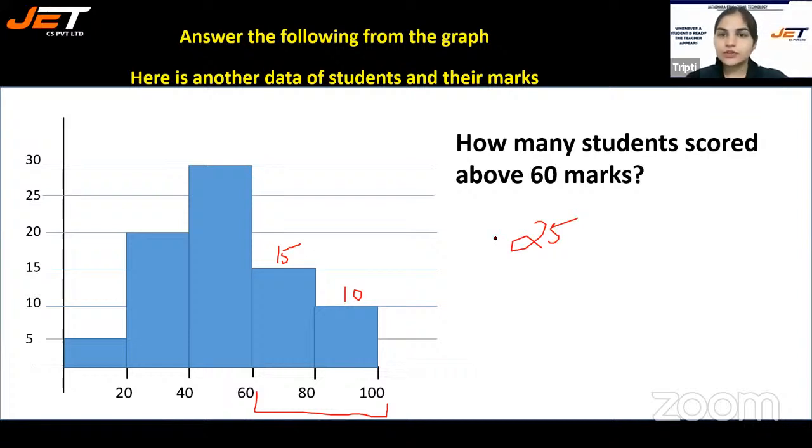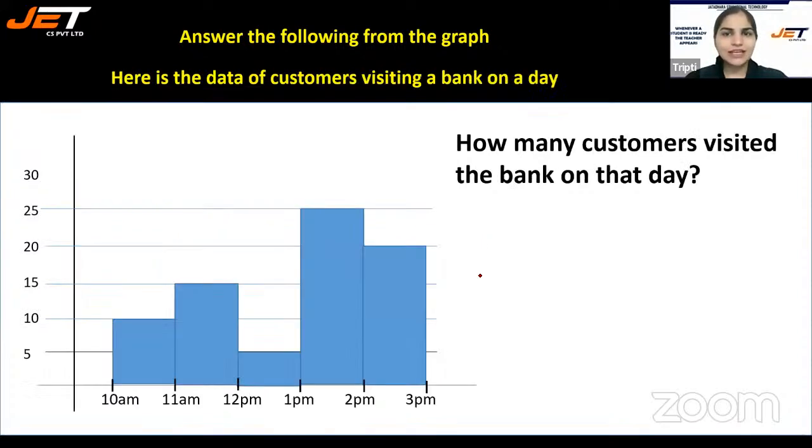Okay. So children, one more. How many customers visited the bank on that day? Here is the data of customers visited the bank on a particular day. So this is between 10 to 11, 11 to 12, 12 to 1, 1 to 2, and 2 to 3. So from 10 to 11, it's 10, then 15, then it's 5, 25, and then it's 20.